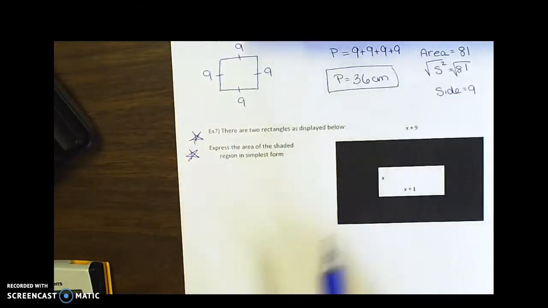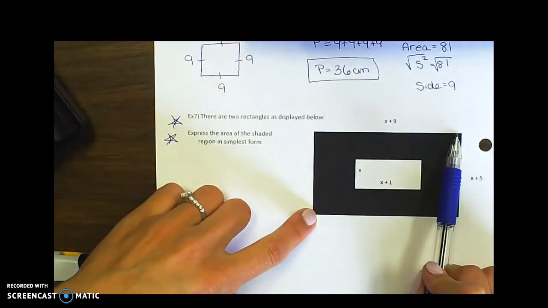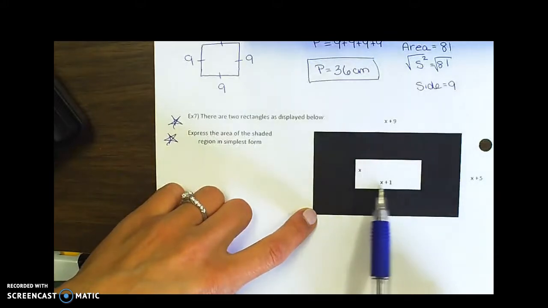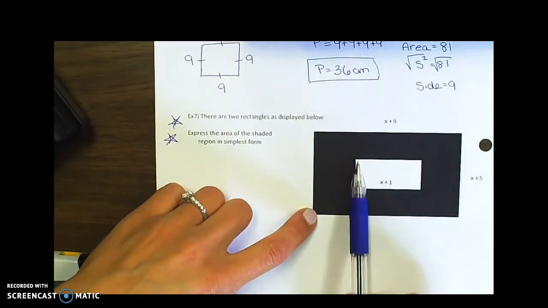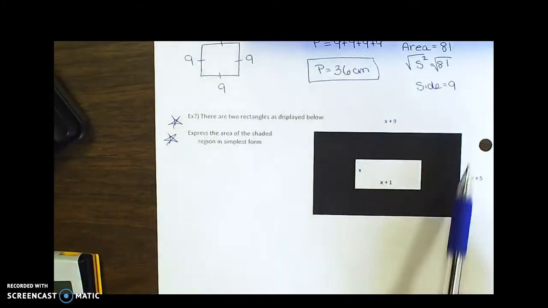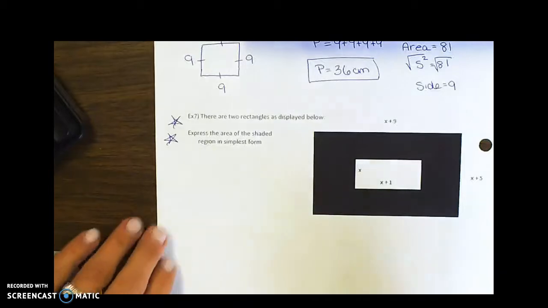So when we look at this picture, I want you to imagine this is a piece of gray paper. And inside of it, I just cut out of it this smaller rectangle. So we're cutting it out. So to find the area of what's left over, you need to think, what operation is that? If we're taking it away, it's subtraction.